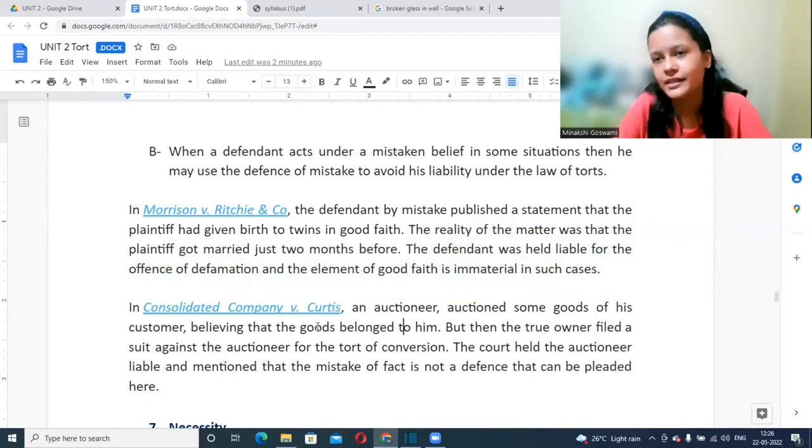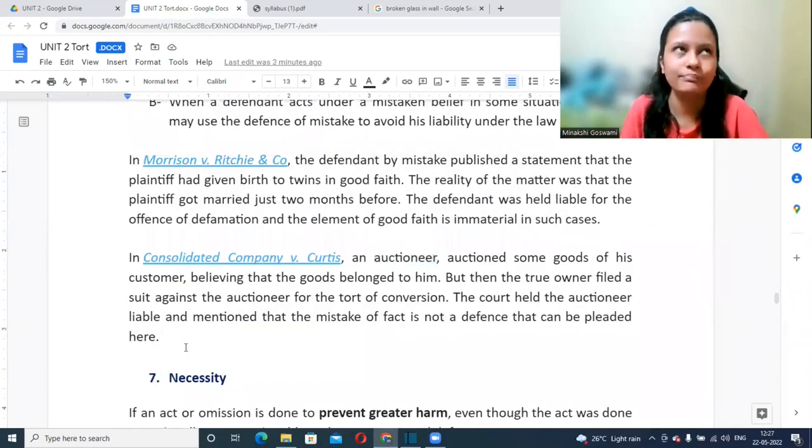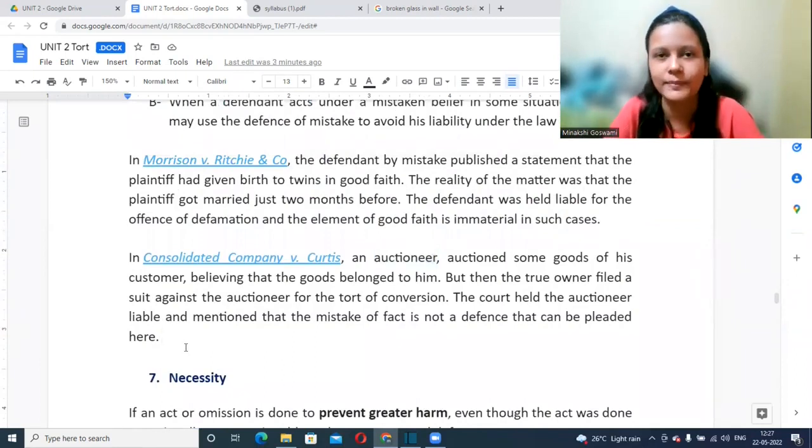There was another case relating to an auction. So there are some auctions which take place, okay? Sometimes what happens is, maybe you want to sell something on auction, okay? You don't want to organize it entirely yourself. So there are some auctioneers who would do it for you, okay? So similar situation happened here.